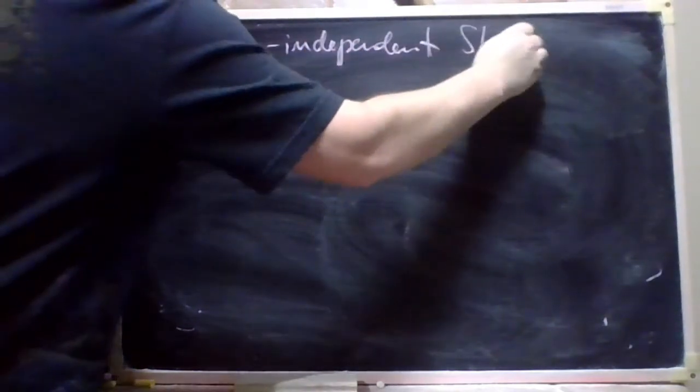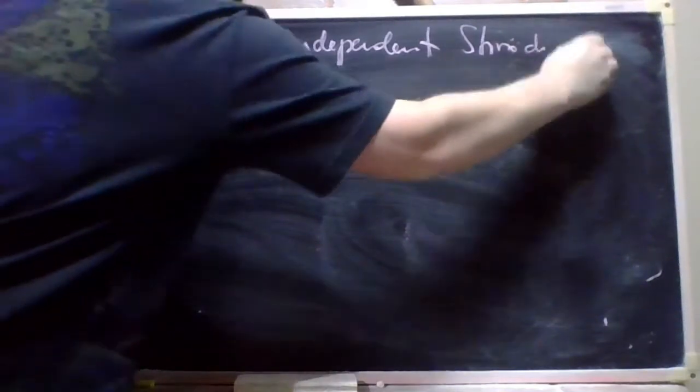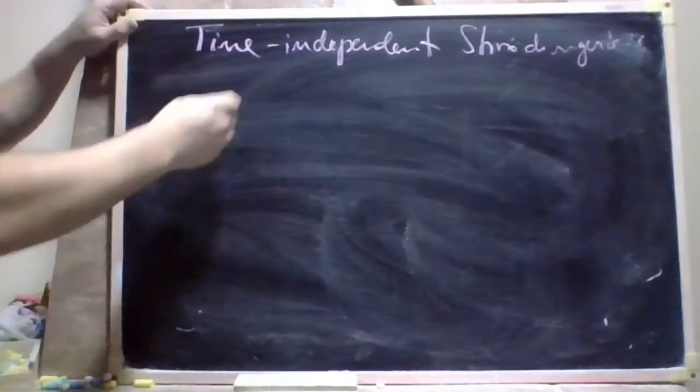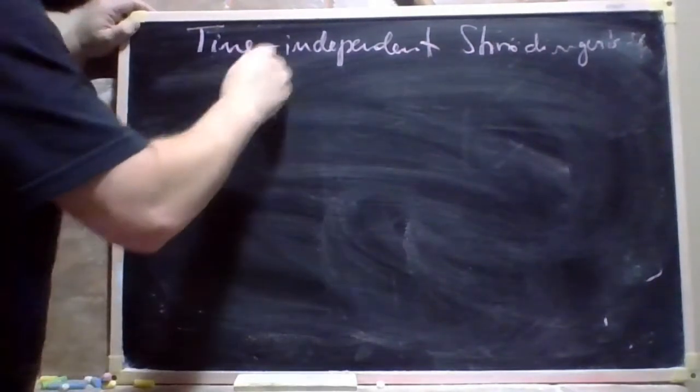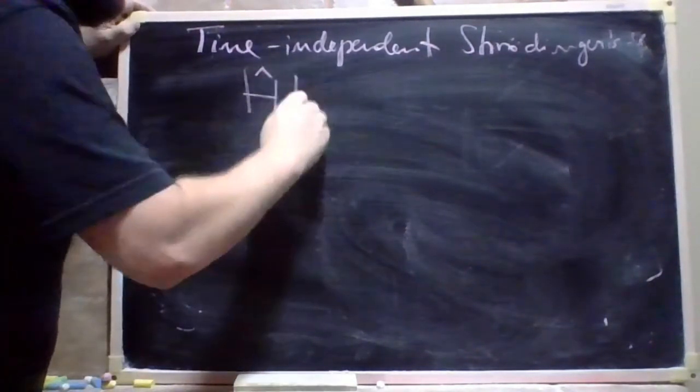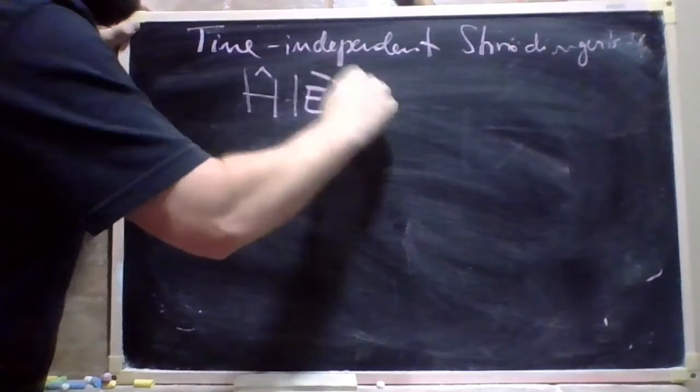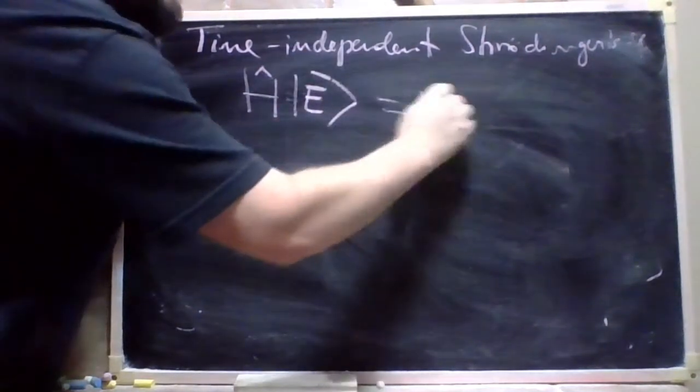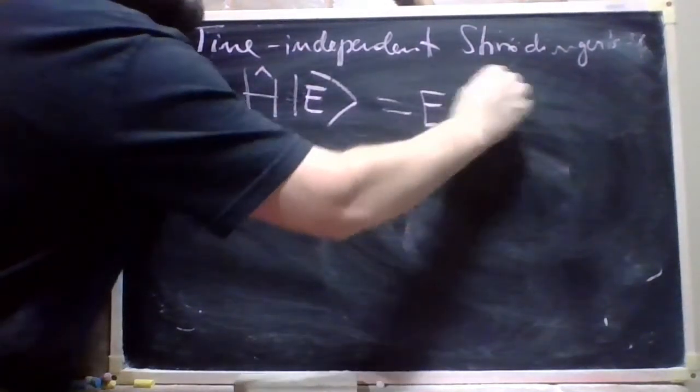So the time-independent Schrodinger equation corresponds to finding these vectors, the energy eigenvectors, right?